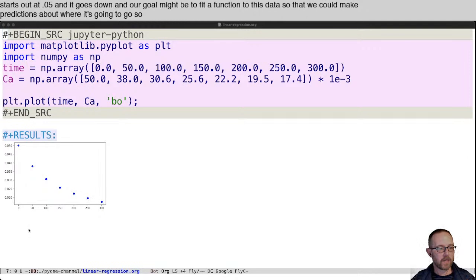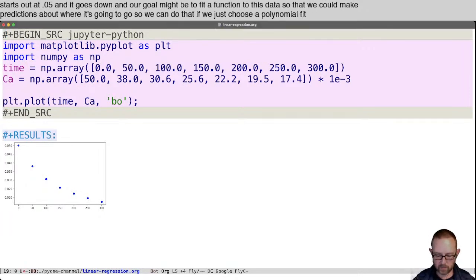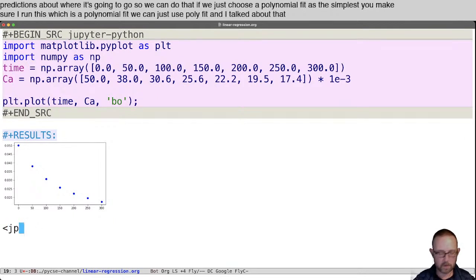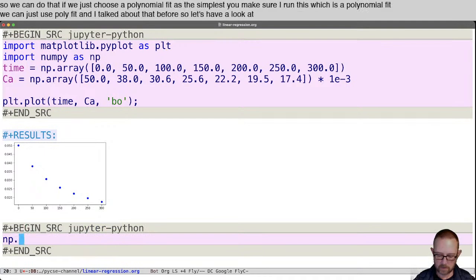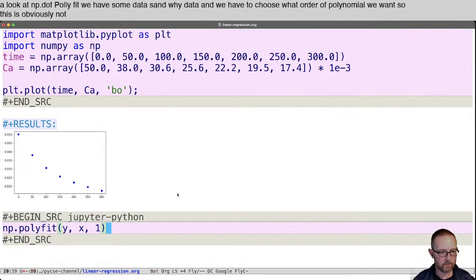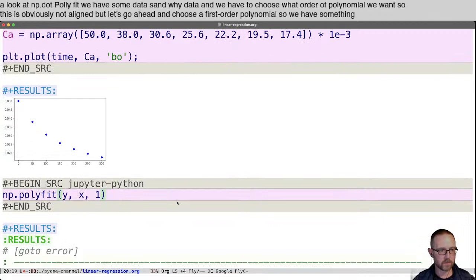So we can do that if we just choose a polynomial fit as the simplest. Let me make sure I run this. If we choose a polynomial fit, we can just use polyfit, and I've talked about that before. So let's have a look at np.polyfit. We have some data, some y data, and we have to choose what order of polynomial we want. So this is obviously not a line, but let's go ahead and choose a first order polynomial so we have something to look at.